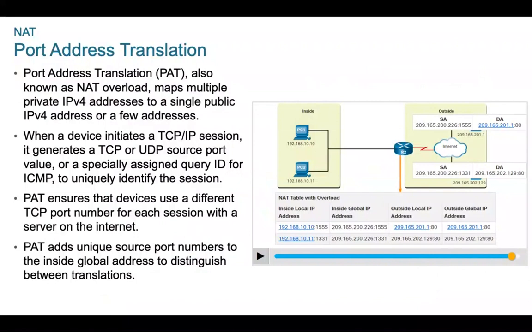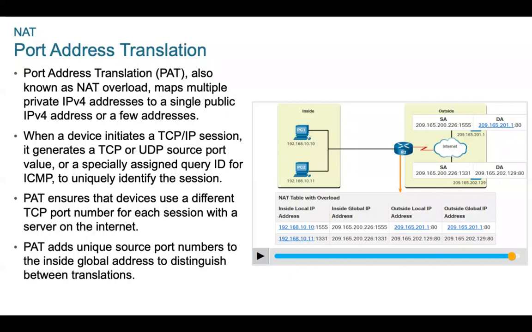So in this case, along with the IP addresses, you will also have the port numbers, which belong to your transport layer. How will those port addresses be translated? Similar to NAT, network address translation, there is port address translation, which is also known as NAT overload.